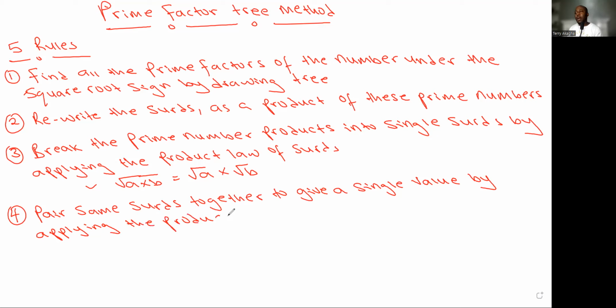If you go back to the video, you will see we talked about it. The one we're interested in is the square root of A multiplied by the square root of A, which gives you what? A.